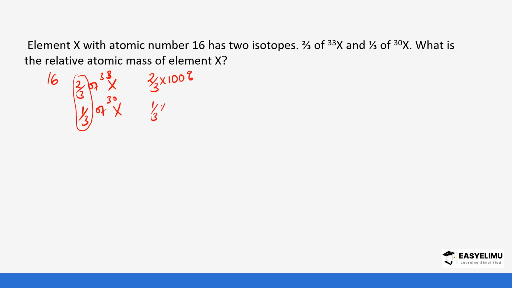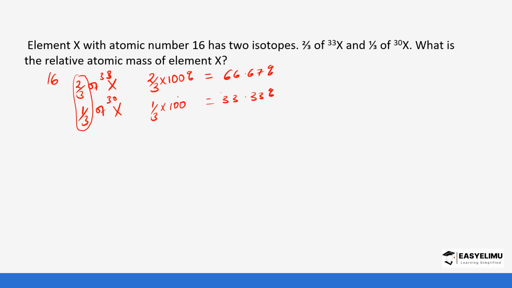If we take 2 over 3 times 100%, we get 66.67 to 2 decimal places. And if we take a third multiplied by 100, we get 33.33% to 2 decimal places. So those are the percentage abundances.